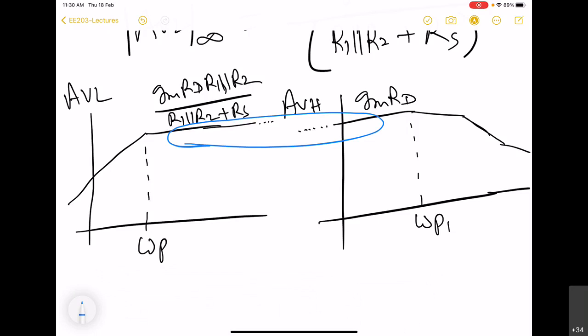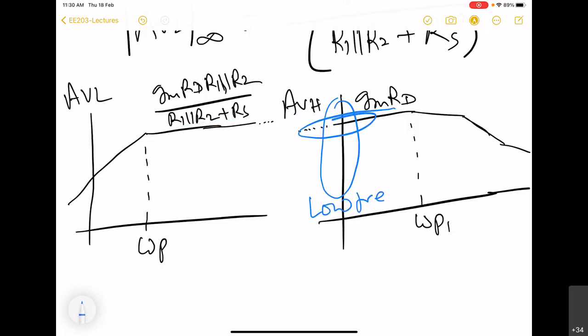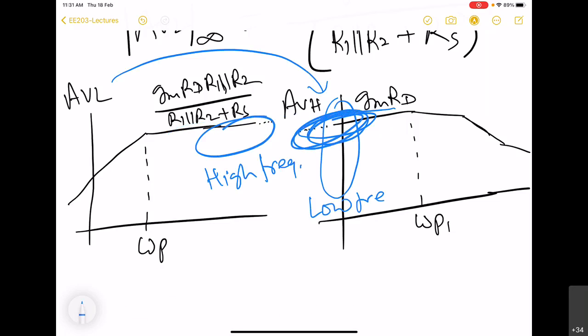Because here, although we are showing this curve for low frequency, but once again, as I pointed out, this portion falls in the region of low frequency. Similarly, this portion falls in the region of high frequency. So actually this much portion should be the response coming from here, and this portion should be response coming from AVH.